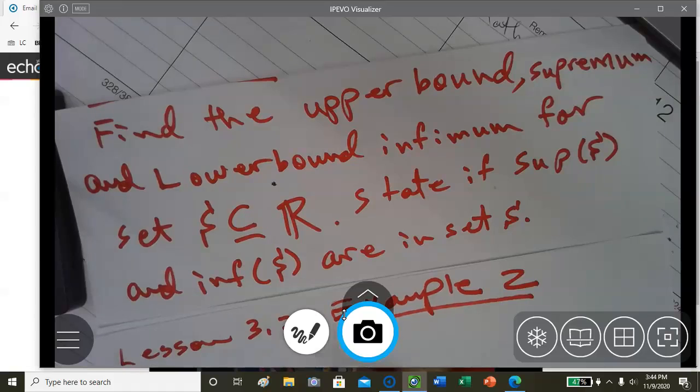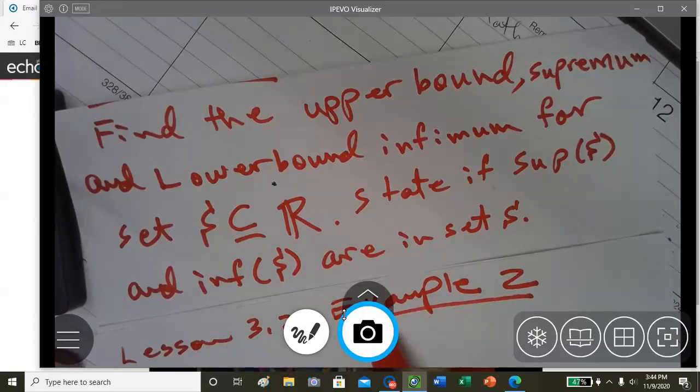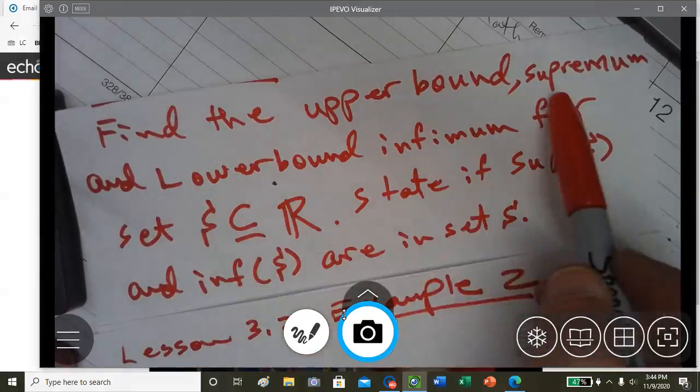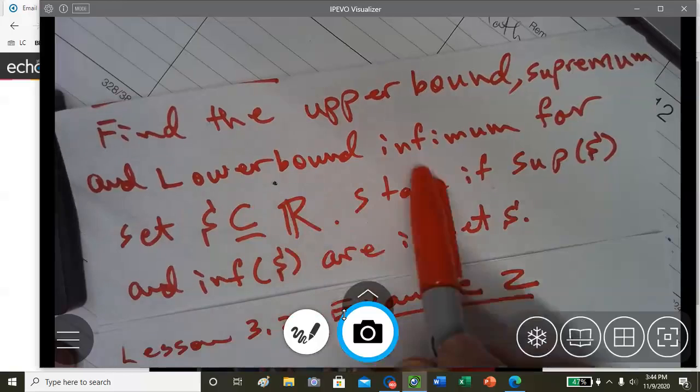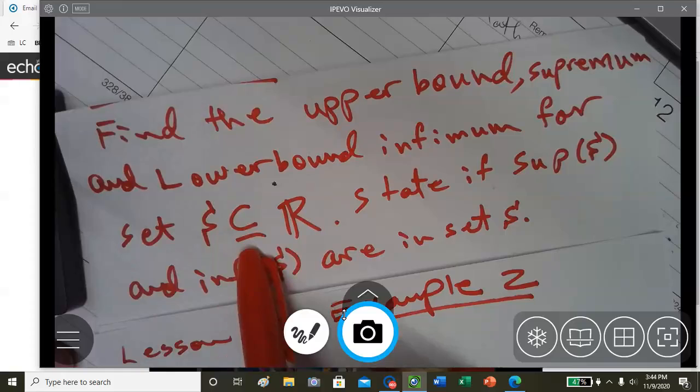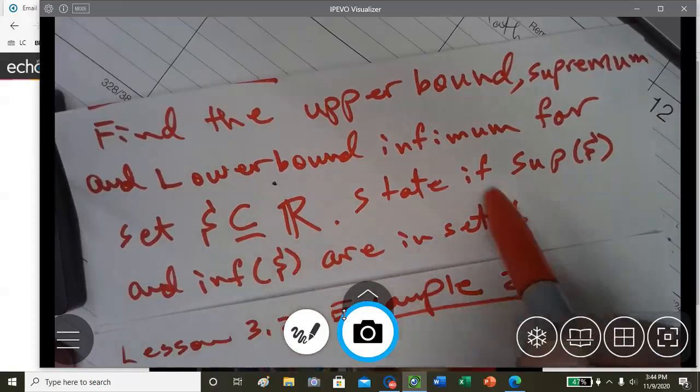Okay, we're continuing on with lesson 3.2, example 2. And again, find the upper bound supremum and the lower bound infimum for set S as a subset of all real numbers.